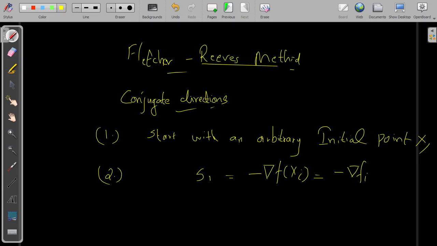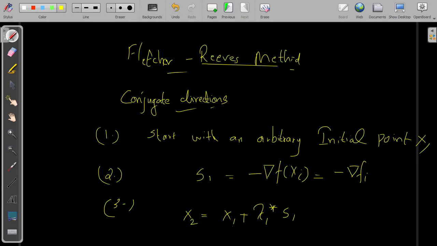Now in the third step, we will find the new trial point, or the optimum point, according to the relation x2 equals x1 plus lambda 1 star S1. How to find it, refer to the previous video, the previous problem.